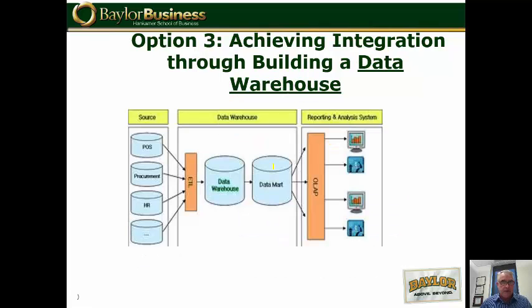The third option companies have sought to undertake in achieving global integration is building data warehouses, or the data warehousing concept. As we can see from the picture here, a data warehouse is a specialized form of database. For example, Teradata is a vendor who specializes in data warehousing technology. What a data warehouse allows you to do is move data from your various operational systems periodically.